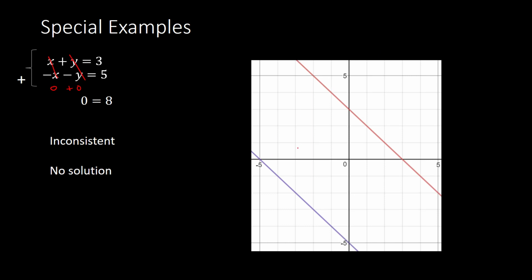And remember that if two lines are parallel, there's no intersection, so therefore no solution. The solution is where they intersect. So when you see something like this, where it's a false statement, 0 equals 8, you can conclude automatically that it would have no solutions. And the term we give to that would be this term right here called inconsistent.